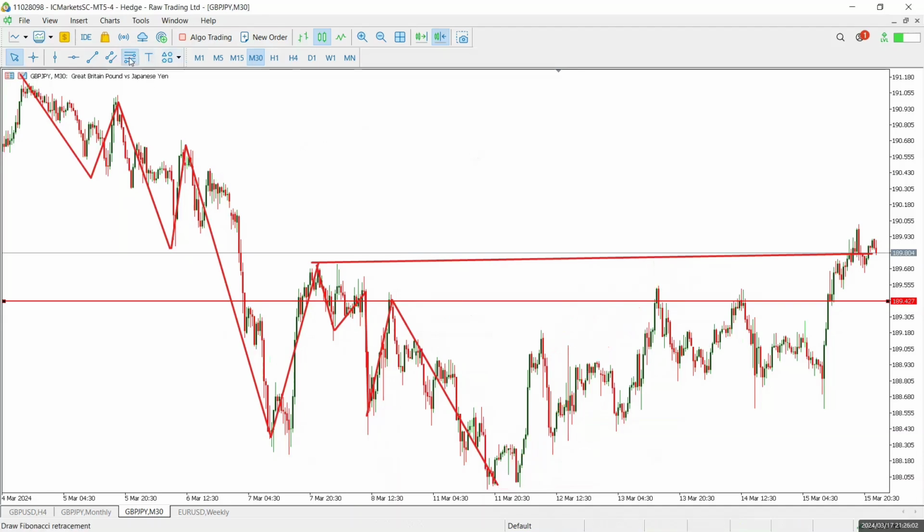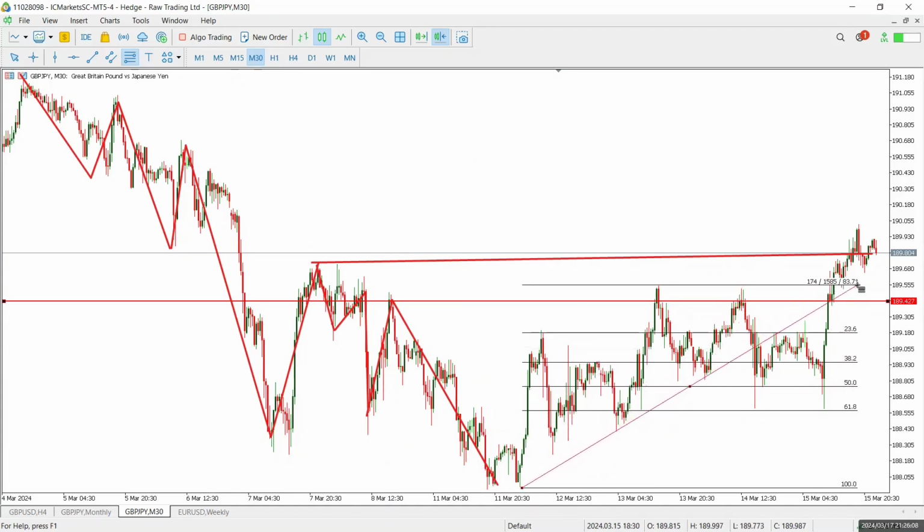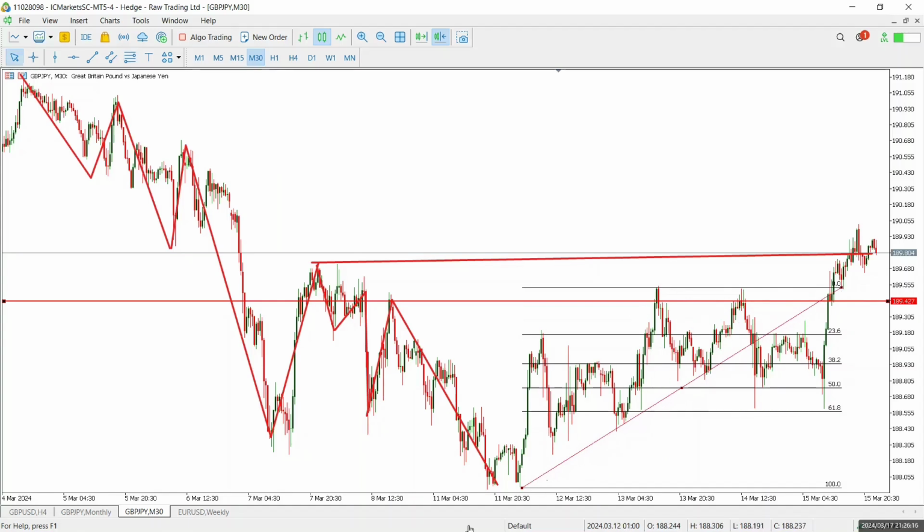An entry variation 2. You bring your Fibonacci from the lowest point here to the highest point of the rejection right here, and allow price to give you your 61.8 entry. You can get a buy position at this point, or at this point when price came to 61.8. Remember that all of these are push.